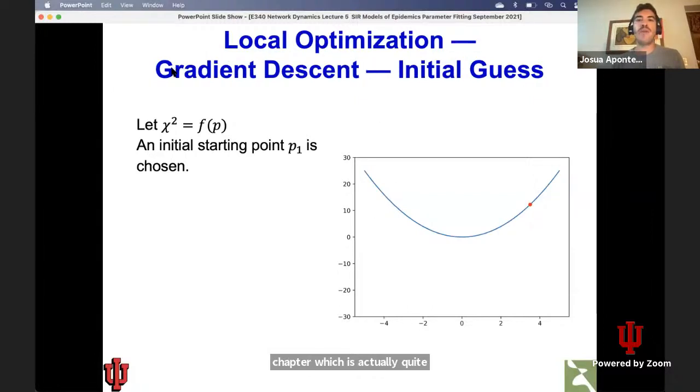The first couple of optimization algorithms that we will be looking at are what are called local optimizers or local fitting algorithms, and they are local in the sense that they don't usually explore wide ranges of the parameter space.